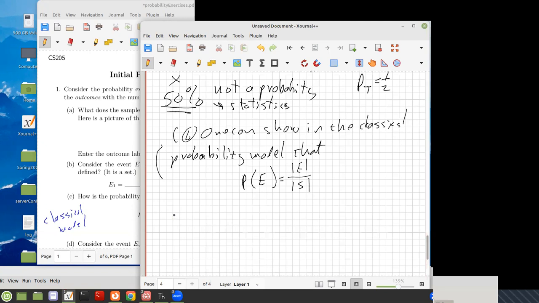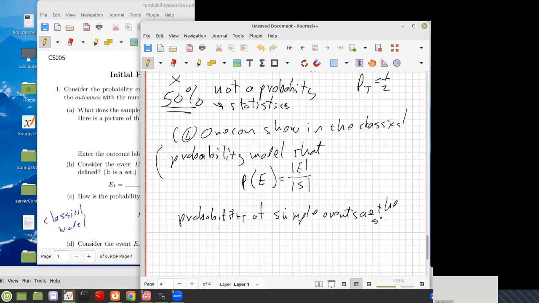Well, it comes about because the probabilities of simple events are the same.